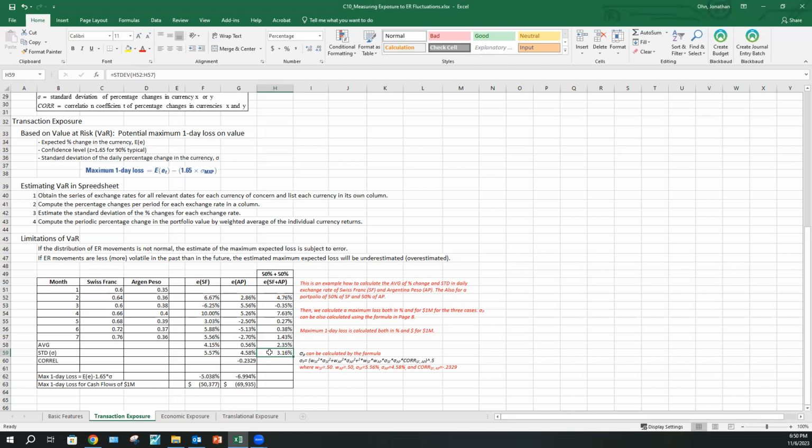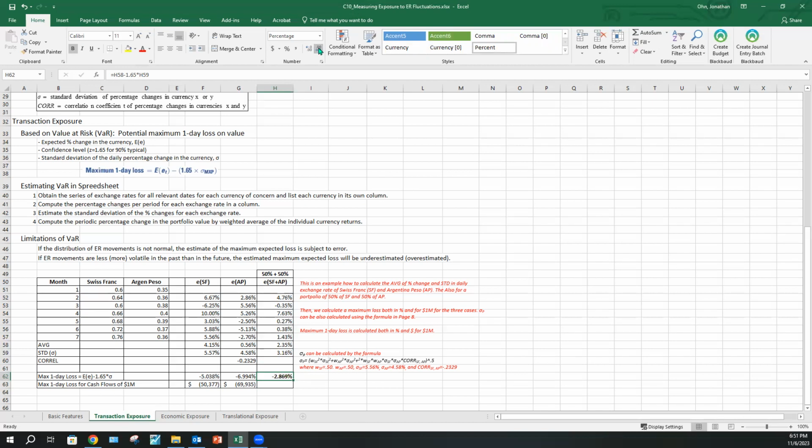The maximum one-day loss is the average 2.35 minus 1.65 times the standard deviation, which is 2.869.